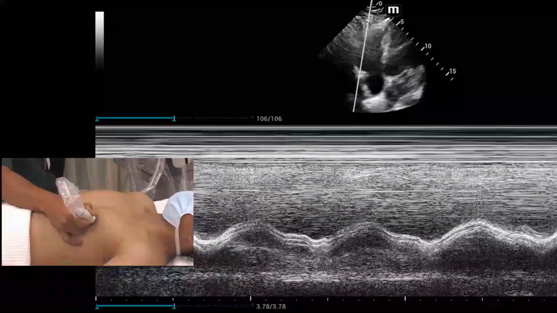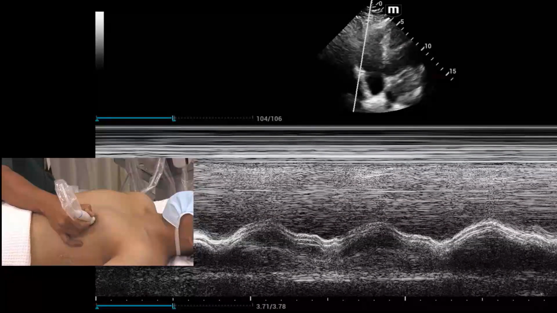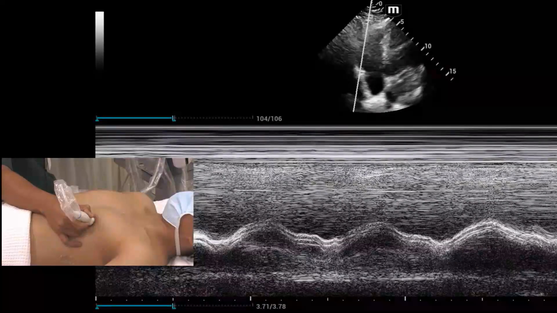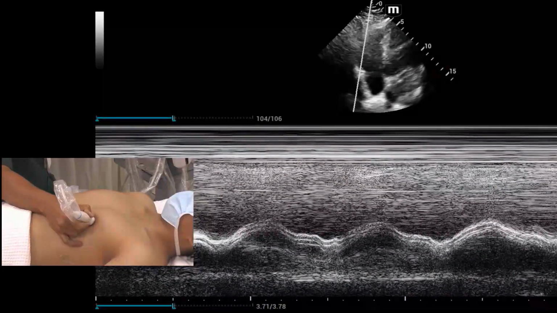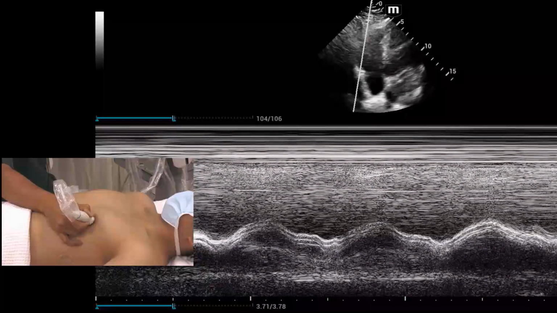We call this the TAPSE, the tricuspid annular plane systolic excursion, right? So what is a normal number? Most people will take 1.6 as normal. If less than that, there is probably some form of RV systolic dysfunction, right?